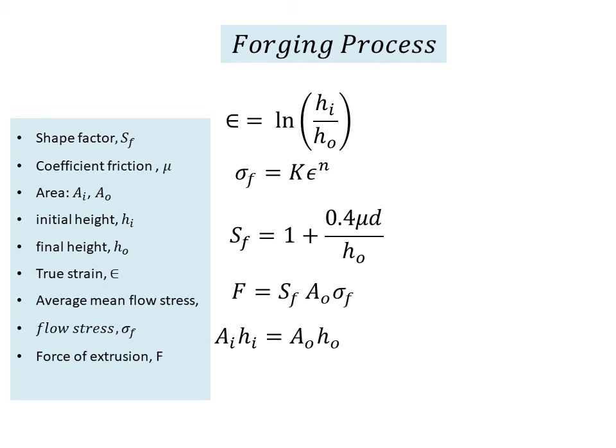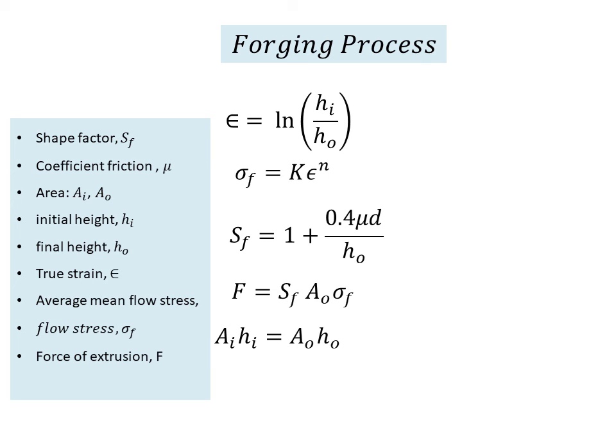So forging process, for forging process we have epsilon is equal to ln initial height upon final height, where initial height is hi and final height is ho. Sigma f is the flow stress which can be given by k into epsilon raised to n. Sf is the shape factor.